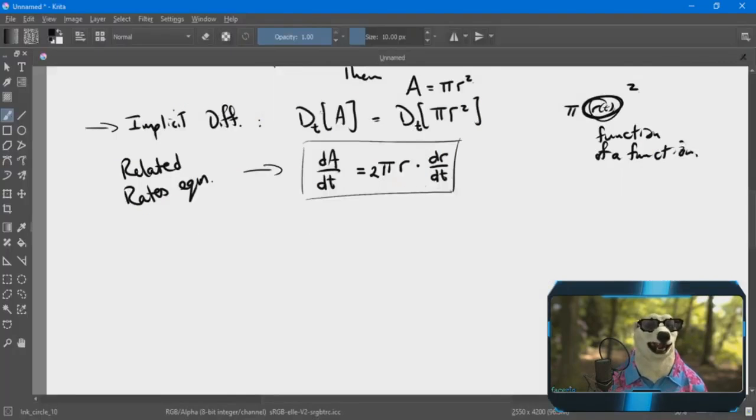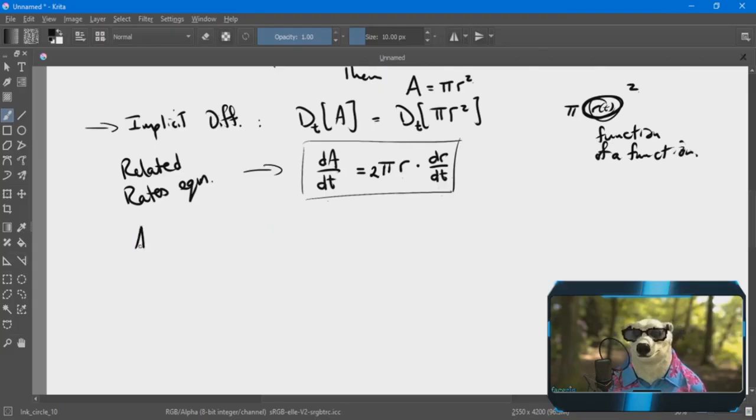So the whole implicit differentiation thing, all of this was to get to this equation in the box, the related rates equation. Now all of these things, the rate of change of the area, the rate of change of the radius itself, they are potentially changing over time. I don't know their detail. I just know they are related like this.